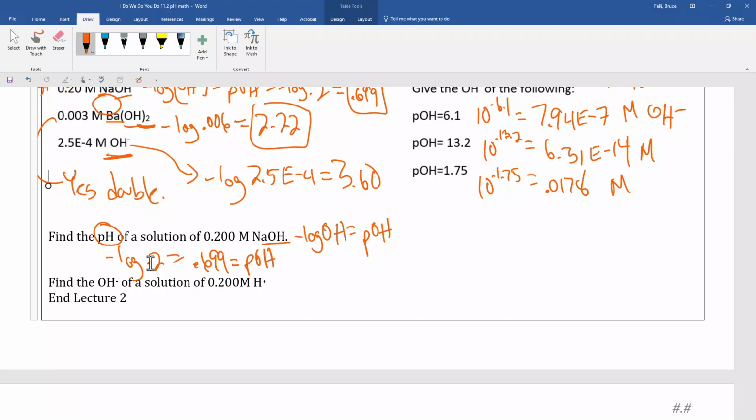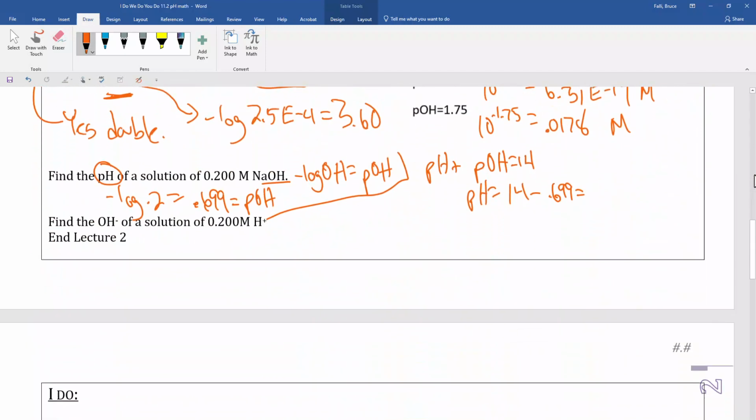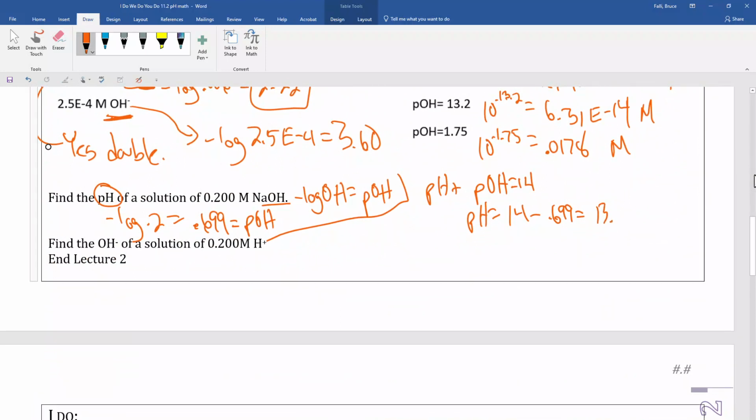So if I don't get the P that I want, then I got to switch it to the other P. pH plus pOH equals 14. So I want pH, so pH equals 14 minus 0.699. My calculator lied to me, 13.30.